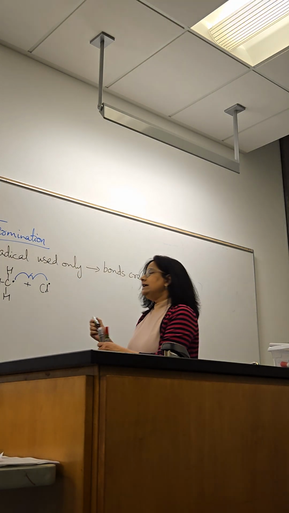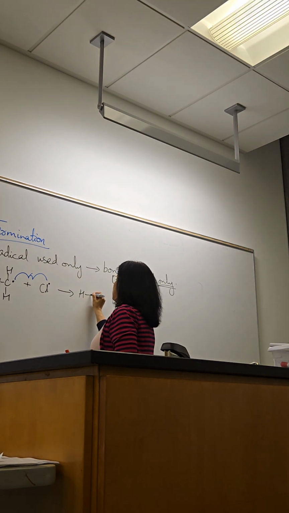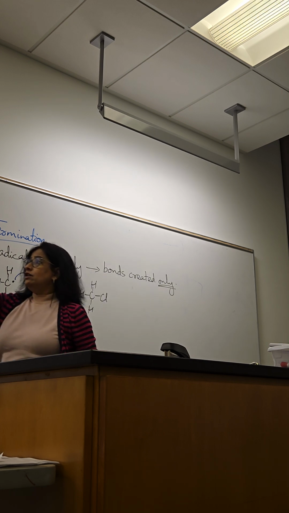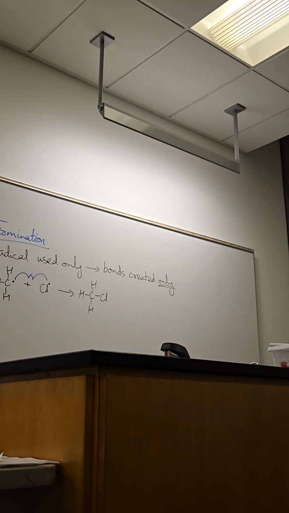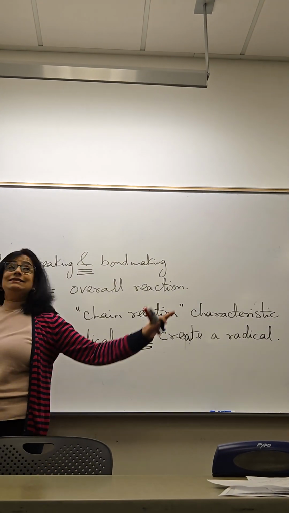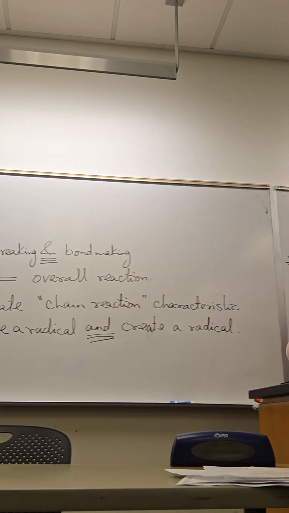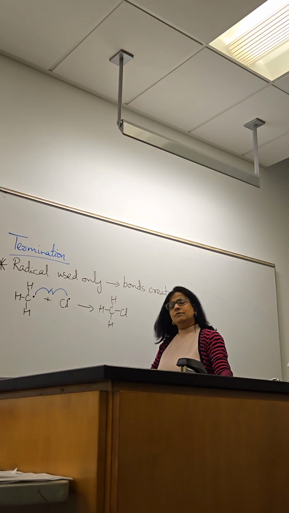What is that creating? CH3Cl. But can this step fall under the propagation stage because we made a molecule of the product? No. That step does not fulfill the 4 requirements. Since it's only using the radicals, it falls under the termination stage. But can it happen? Absolutely.